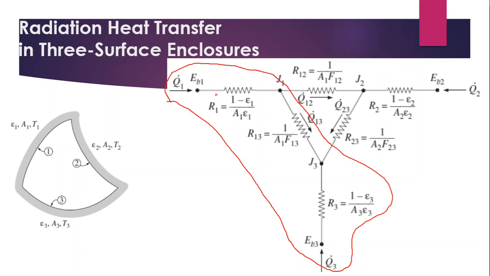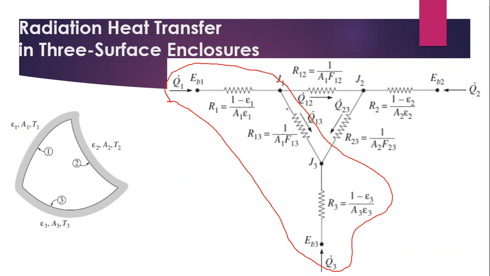We have the first surface as surface 1 and the other surface as surface 3. As usual we have first EB1, then the surface resistance, then the space resistance. We come from EB1, cross the surface resistance, and then move downward, because surface 3 is below.